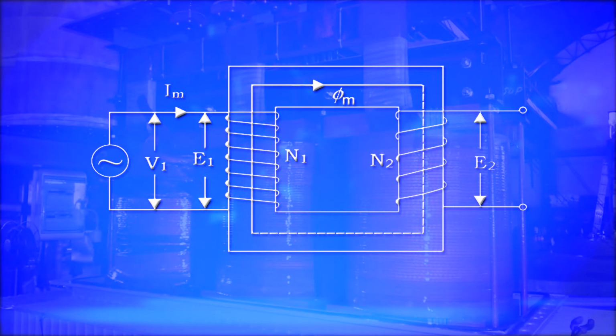So due to this, one flux will be induced, that is Im into N1, and this flux will link to the number of turns N2 of the secondary winding. Due to the flux linkage, an EMF E1 is induced, and due to Lenz law, this E1 opposes the supplied voltage V1. So you can say V1 is equal to minus E1.